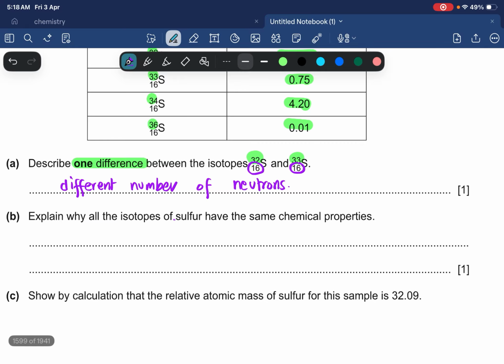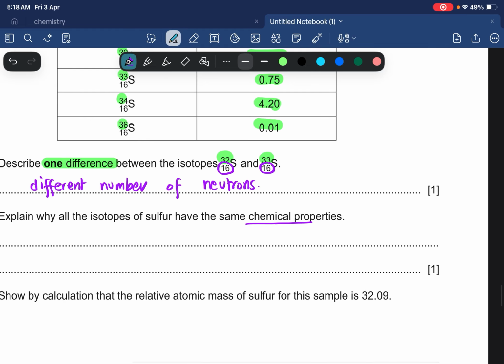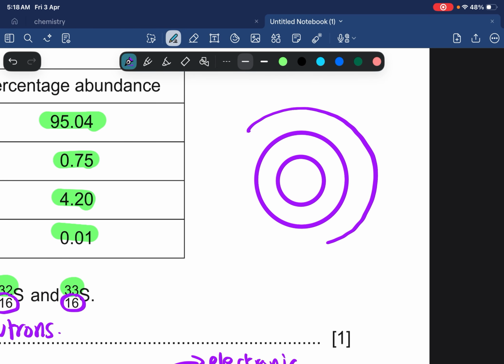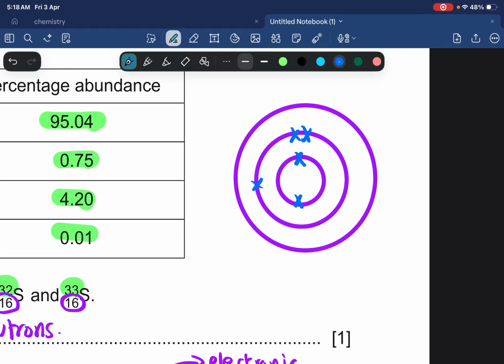Explain why all the isotopes of sulfur have the same chemical properties. Always remember, chemical properties of an element are determined by its electronic configuration. So over here, if I draw a sulfur atom, I have 16 protons in a sulfur atom. That means I have 16 electrons too. So 1, 2, 3, 4, 5, 6, 7, 8, 9, 10, 1, 2, 3, 4, 5, 6.